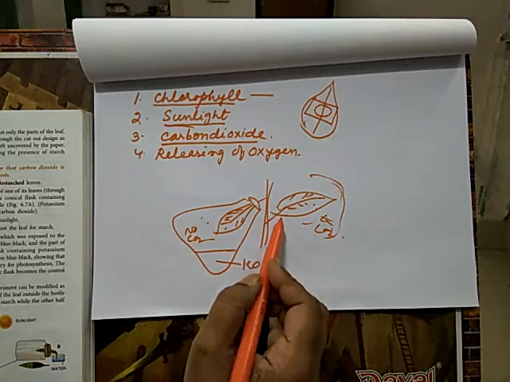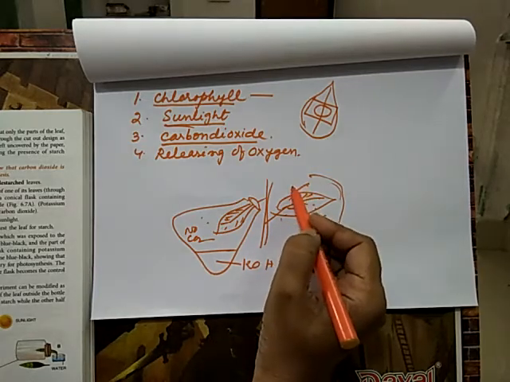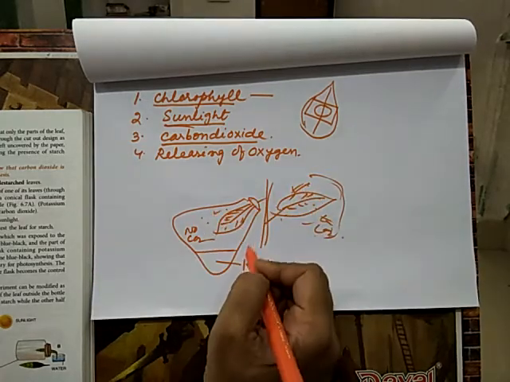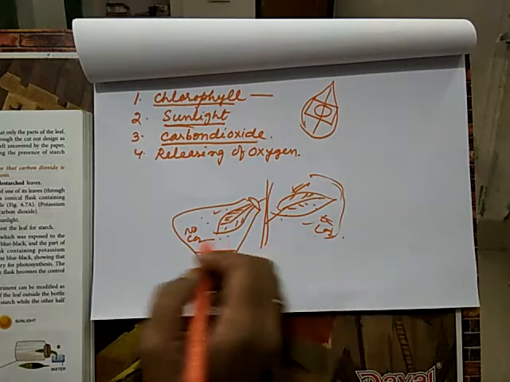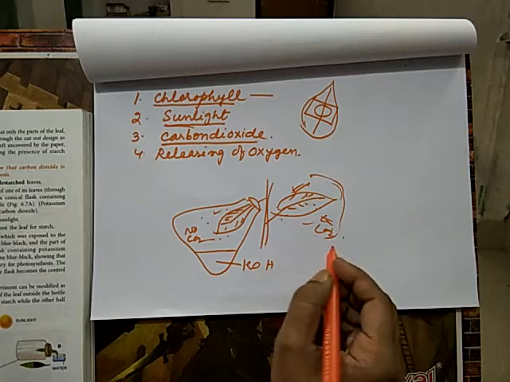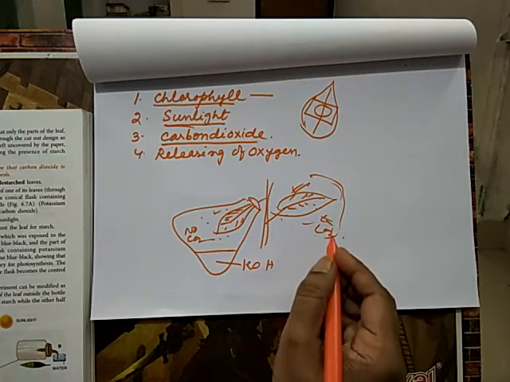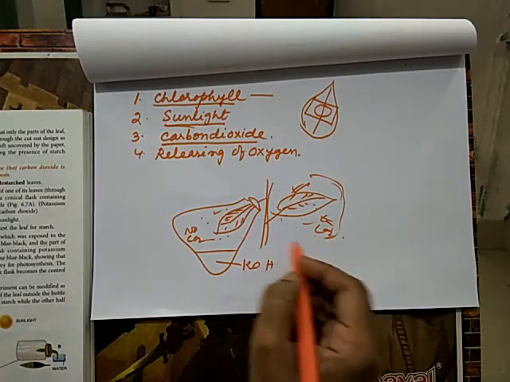If we take both for the starch test, the outside leaf will give the perfect result, and the other will not, because it has not taken part in photosynthesis. This experiment is also known as Moll's experiment or split cork experiment.